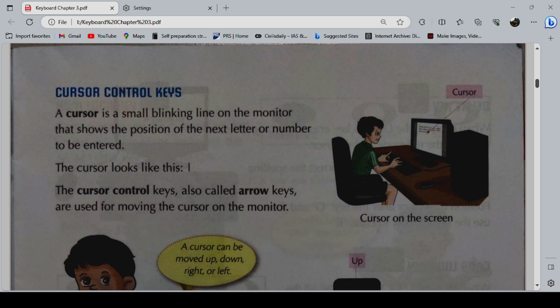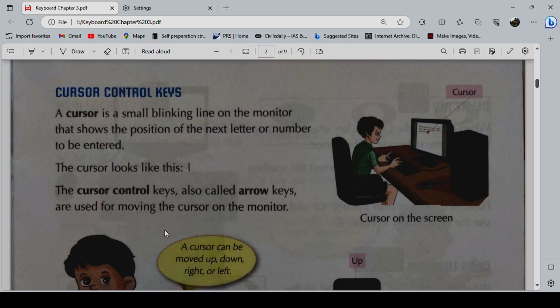Look, this is the cursor, it can be moved down, up. You can see the position of the cursor. Yeah. It can go right, it can go left. Okay, so a cursor can be moved up, down, right or left.